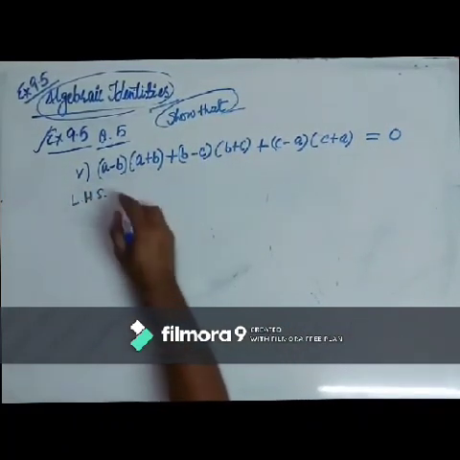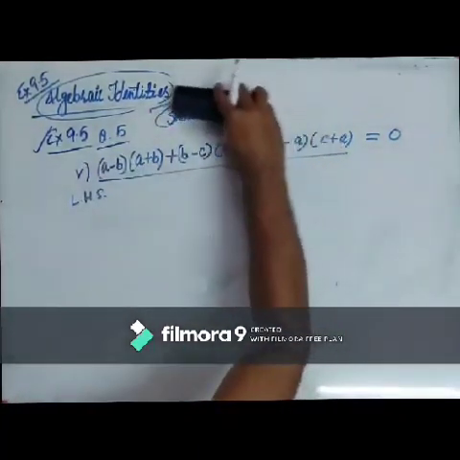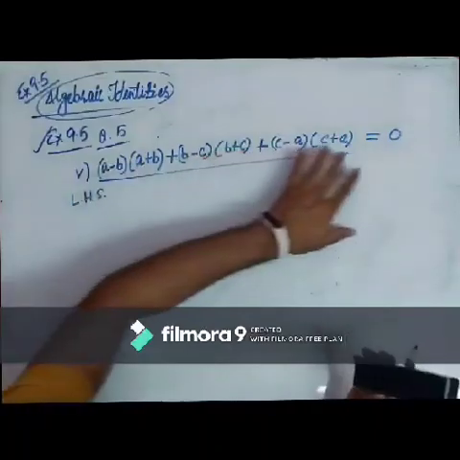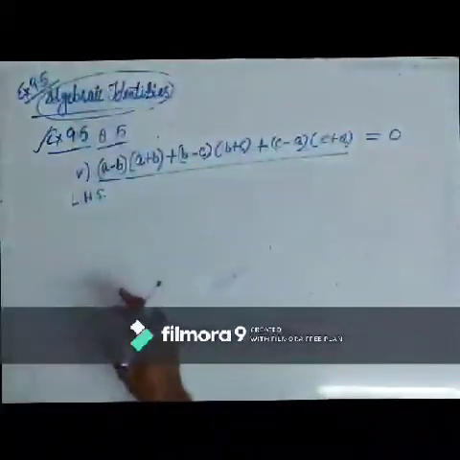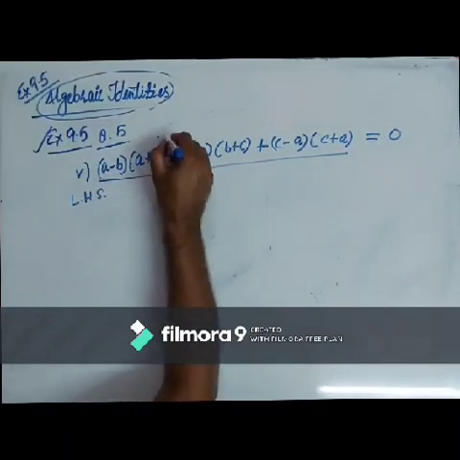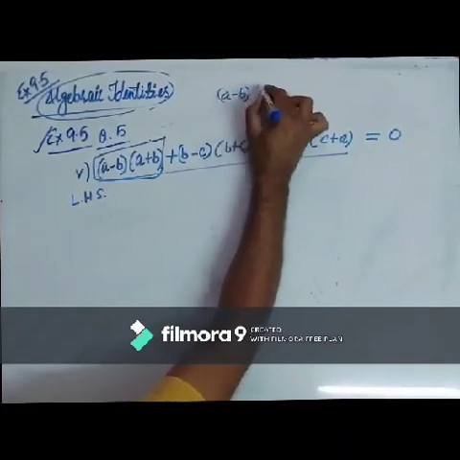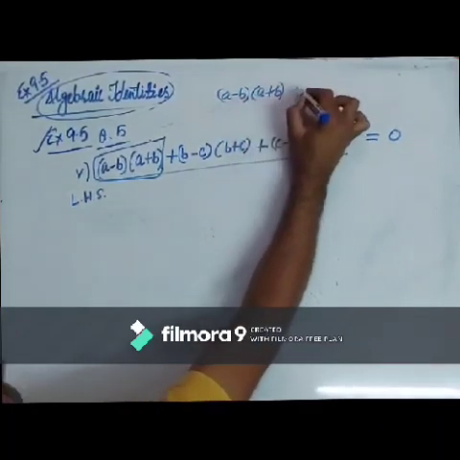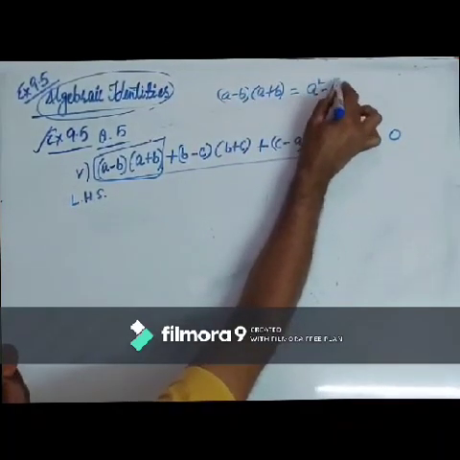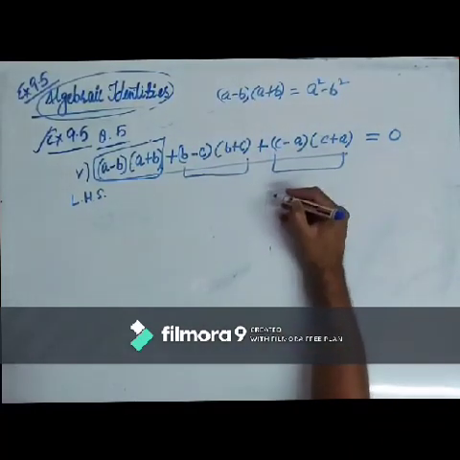So I will be taking the left hand side. Left hand side, show that this whole polynomial is equal to 0. So all I have to do is to perform the left hand side. This one is identity number 3, (a − b) into (a + b). So what is the answer? a square minus b square. If you remember, all these three binomials are constituting identity number 3.